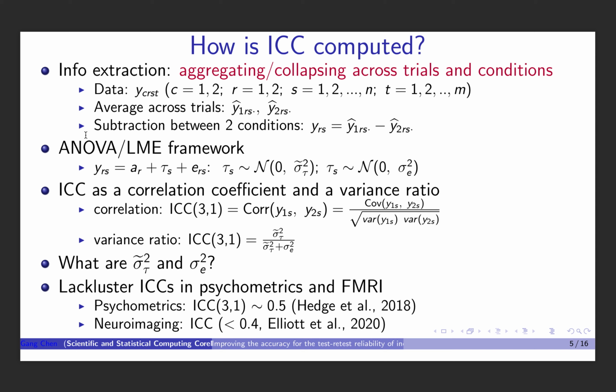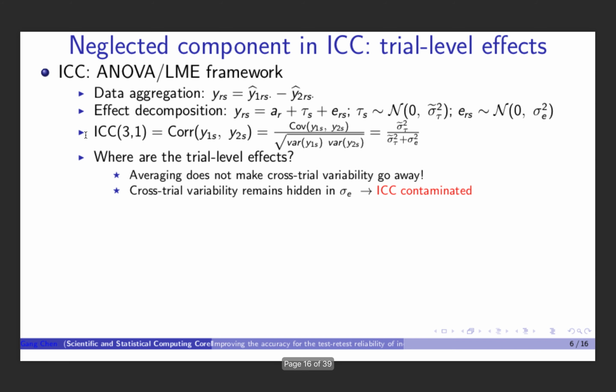Empirically, in the literature, in recent years, we see that for both psychometrics and neuroimaging, the ICC values are pretty disappointing. It's mostly unreliable. So what's going on? If we take a closer look at the modeling framework of the traditional ICC, there's a missing component.